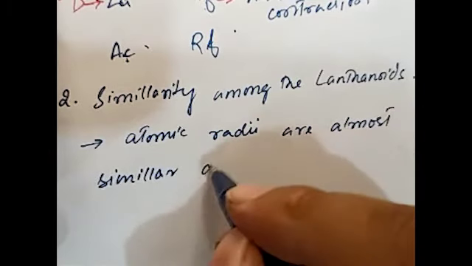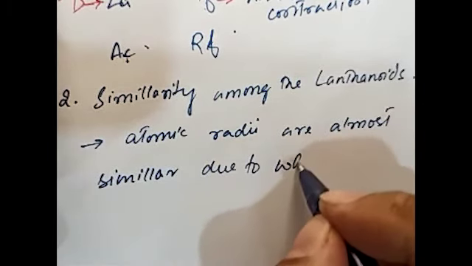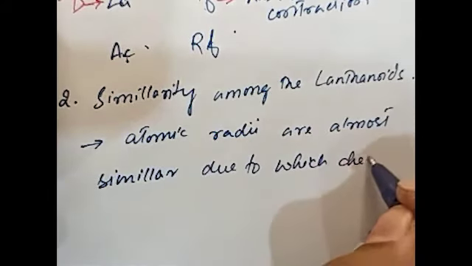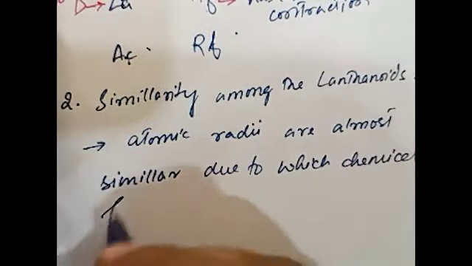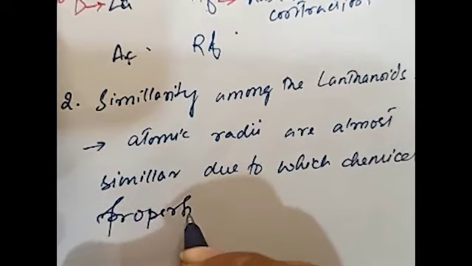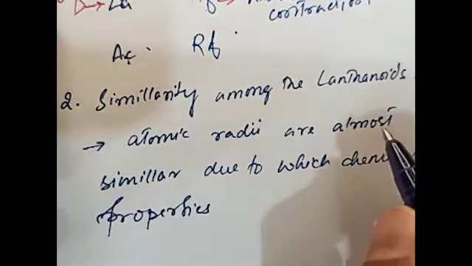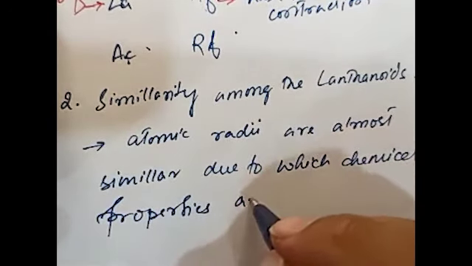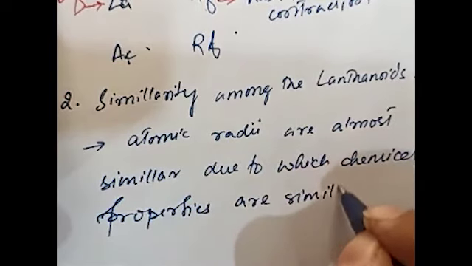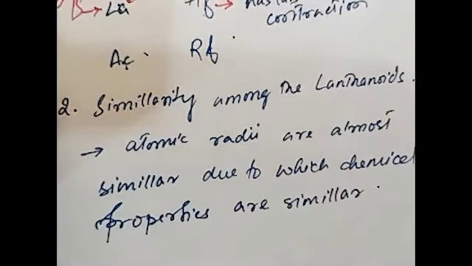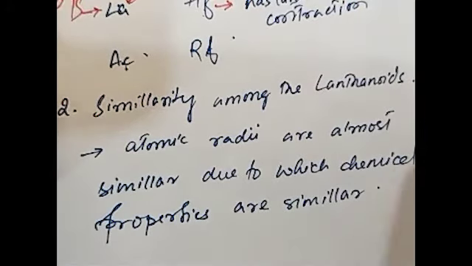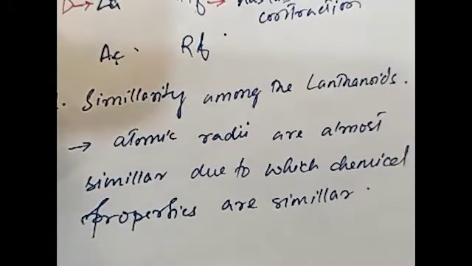Atomic radii are almost similar, due to which chemical properties are similar, because chemical properties mostly depend on what?